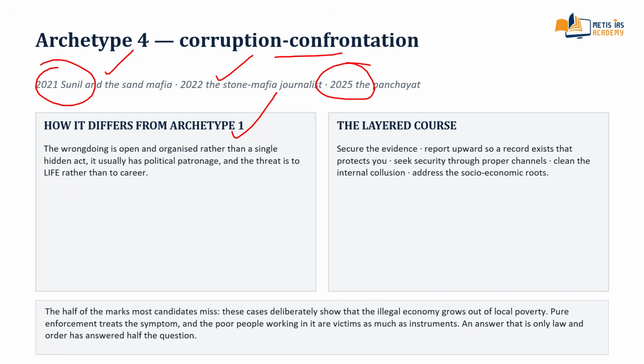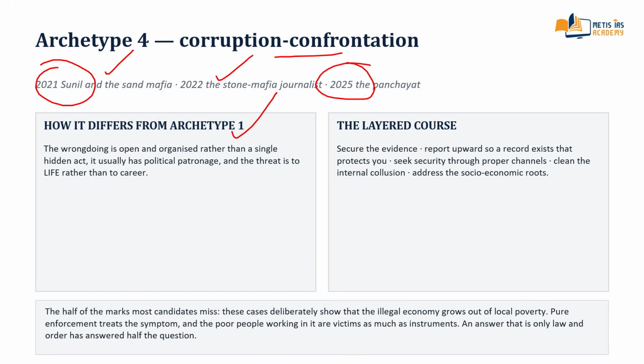The 2018 and 2019 cases deliberately show that the illegal economy grows out of local poverty. Pure enforcement treats the symptom, and the poor people working in it are victims as much as instruments. An answer that is only law and order has answered half the question. What is the systemic fix here?